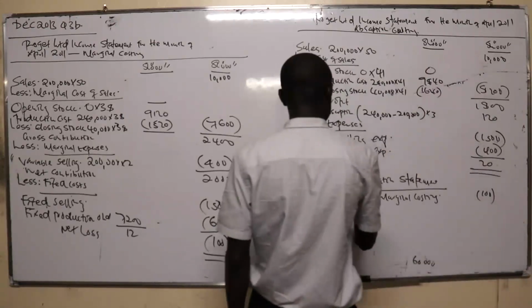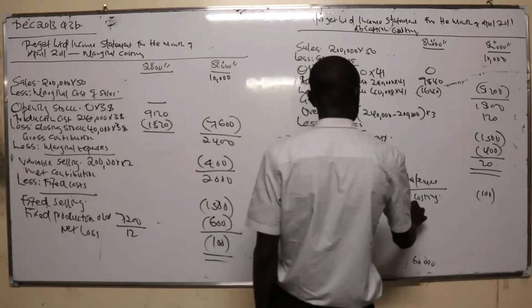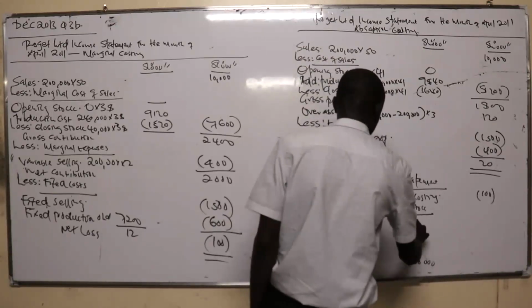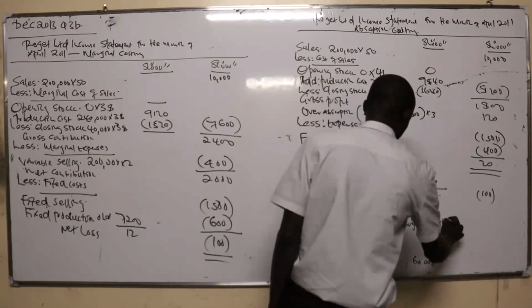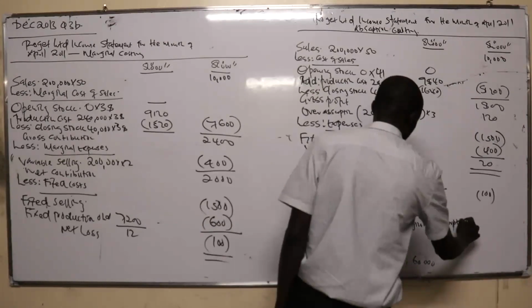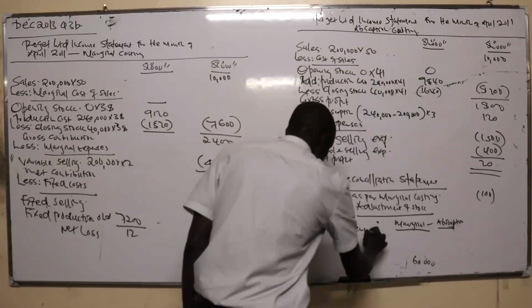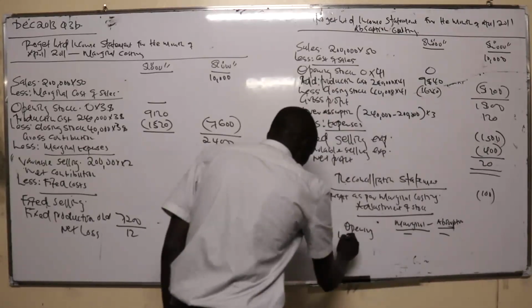Then here you do adjustment of stock. So you write here marginal minus absorption. So you start with opening stock. It was zero.